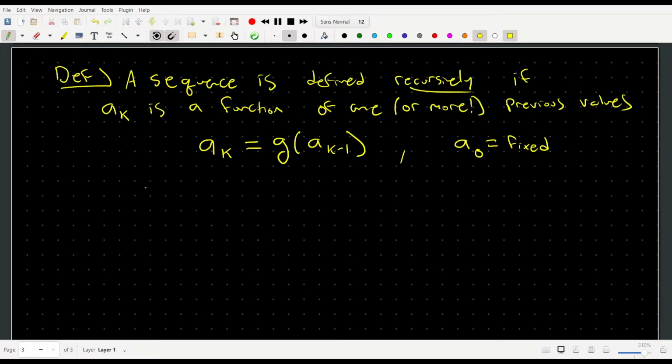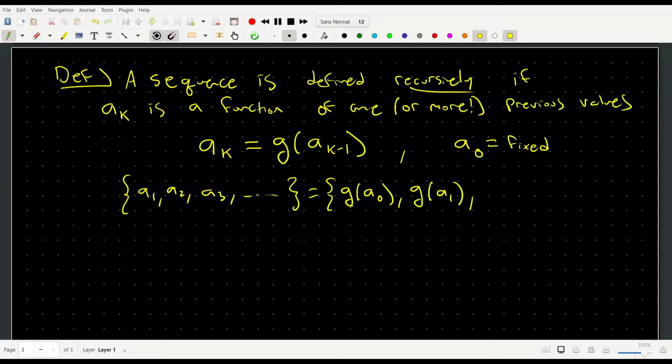But the idea then is that if you were to write this sequence out, you would have that A1 is the same thing as g of A0. A2 is going to be the function g of A1. Right, this value is A1.